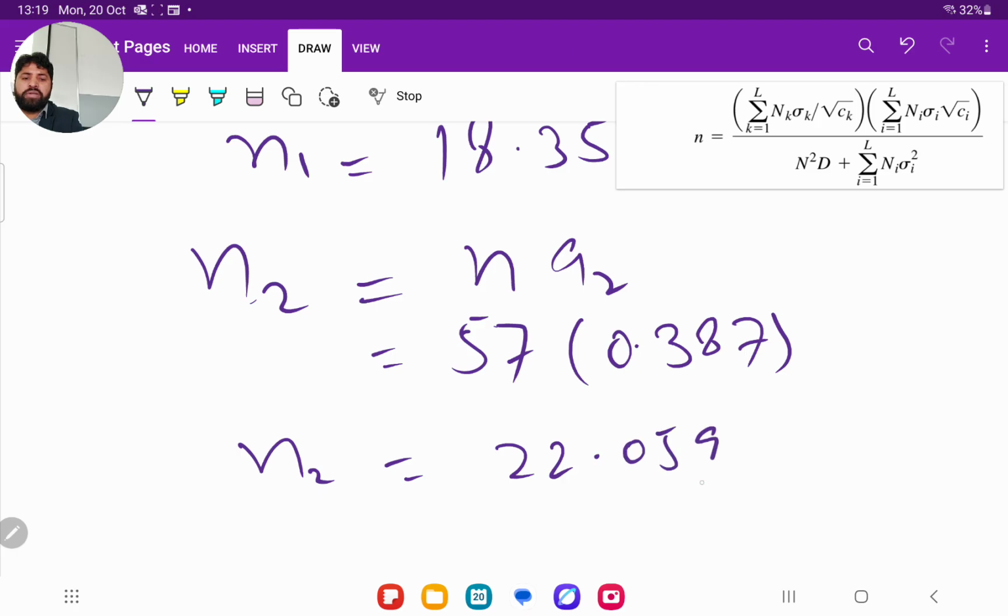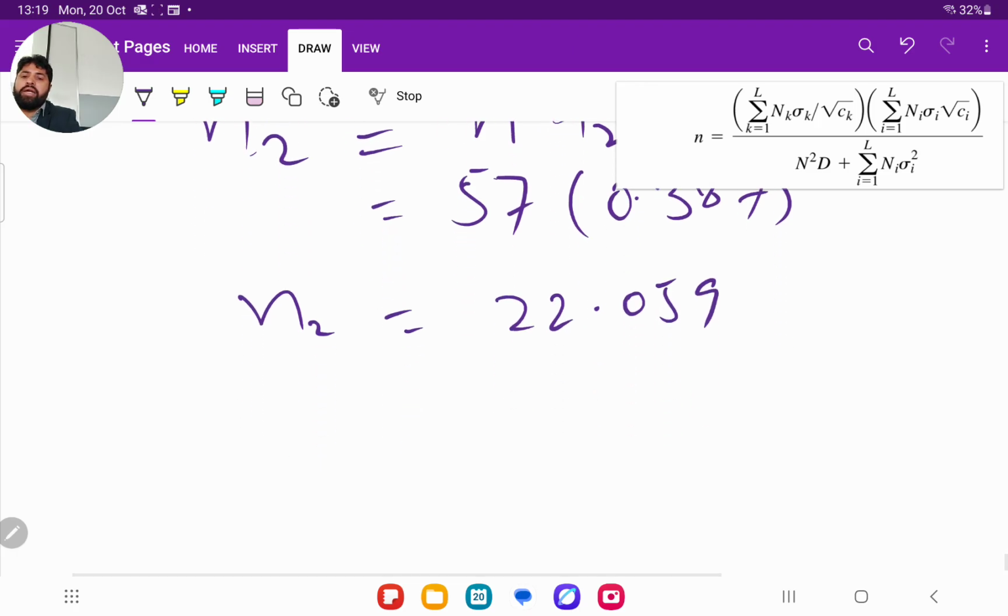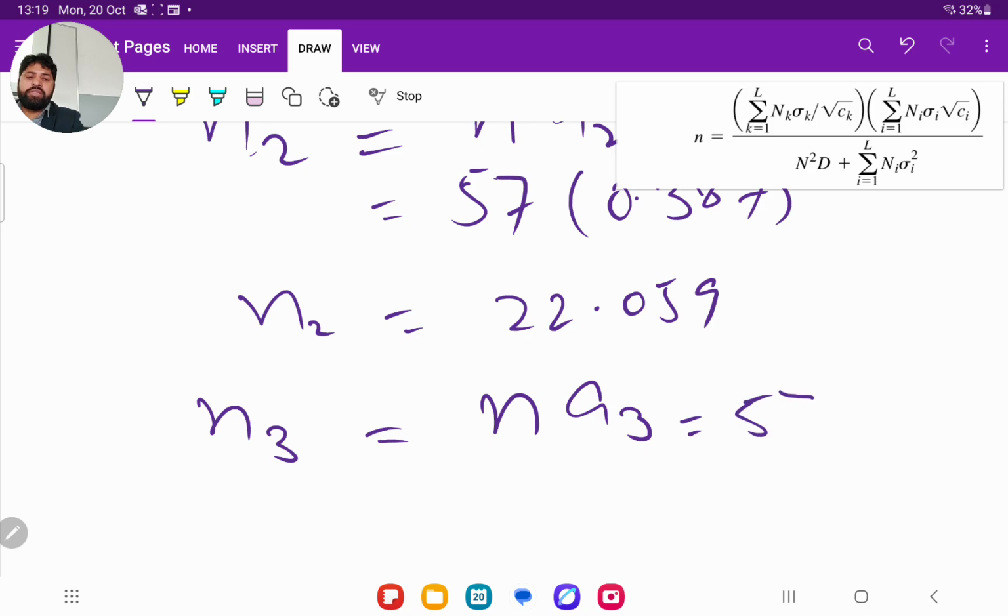Okay, and now we have to calculate n3, which is equal to N times A3. So N is 57 and A3 is 0.29. What is the n3? 16.53.